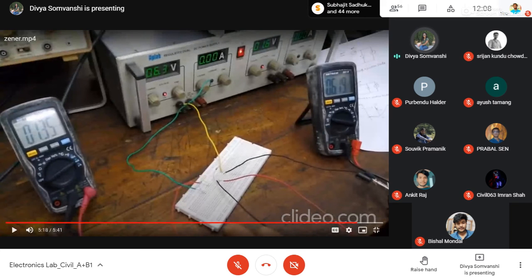This is going to be 5.4, then 5.2, then 5.0, or something, then 4.8, and after that even if you increase the voltage, you will get the same current. So this is how you have to note down your characteristic when you are very close to this number. And in the data I will provide to you, you will see that the same kind of characteristic was noted down by the students.